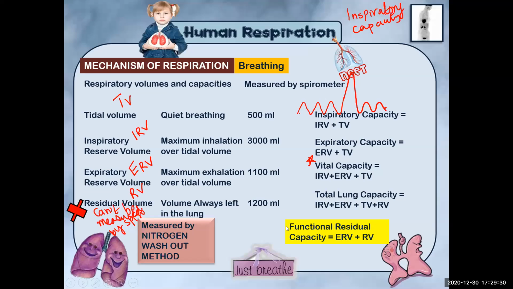Vital capacity will be these three combined together, 1600 plus 3000, 4600. And total lung capacity will be 4600 plus 1200, that is 5800. That's around 6 liters. Lung capacity is around 5.8 to 6 liters.